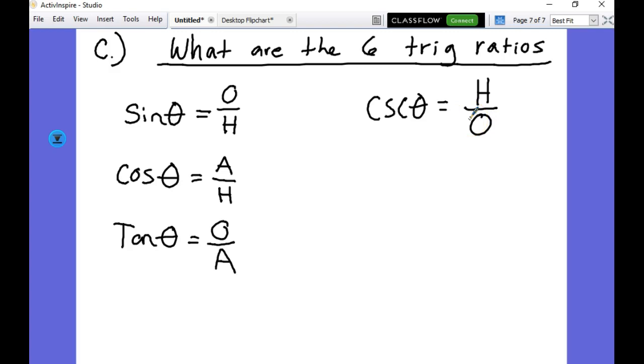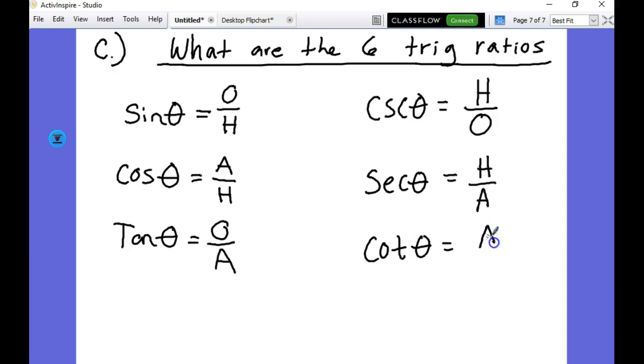Now you might have had a really cool teacher that did it, but usually they don't get into them. The reciprocal of cosine is called secant. So secant of theta is hypotenuse over adjacent. And then the reciprocal of tangent is cotangent, which is adjacent over opposite. So those are your 6 trigonometric ratios. So do I have to memorize these? Yes.